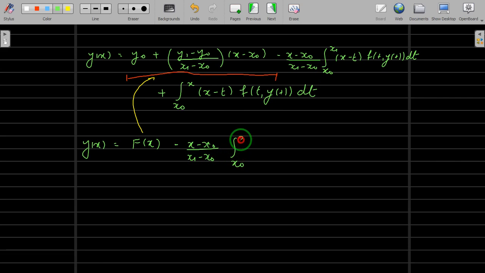So integral x naught to x, x minus t f of t y of t dt, and then again there is minus sign here, so let me put that minus sign, minus same term will be there.